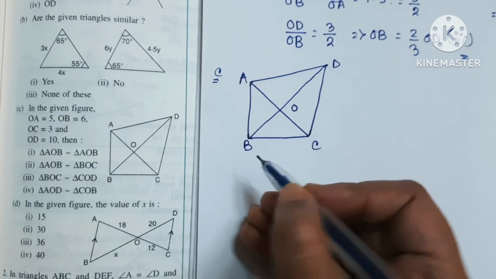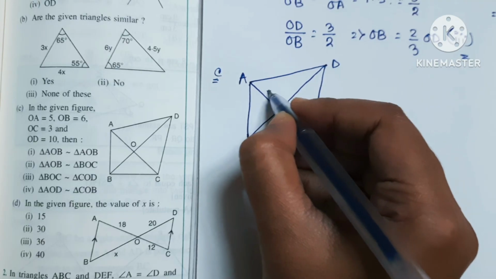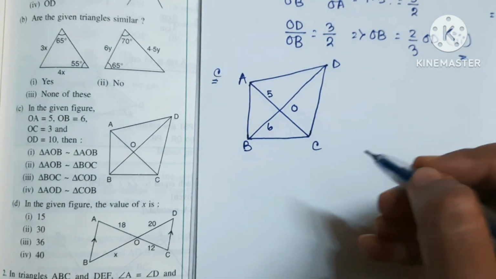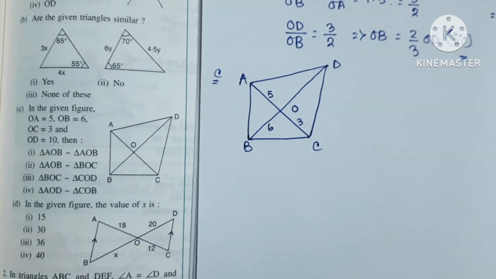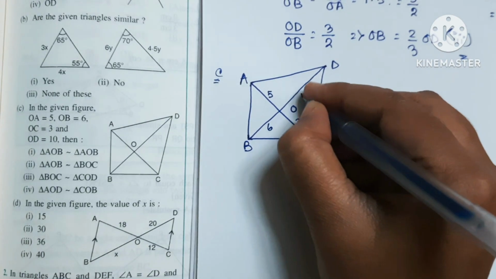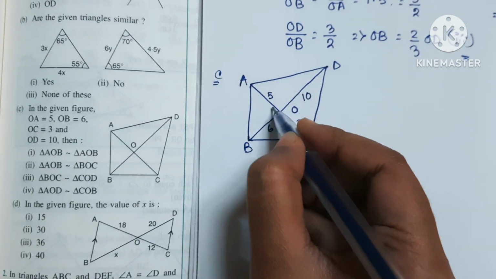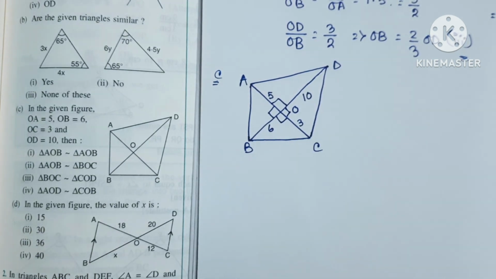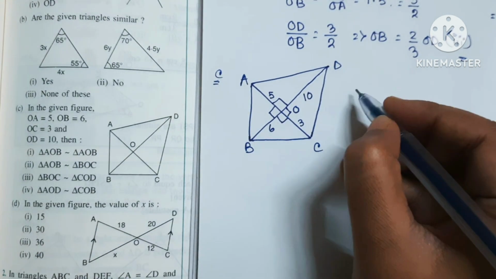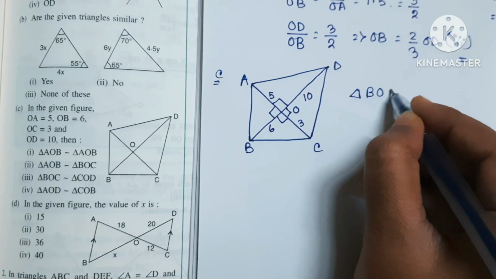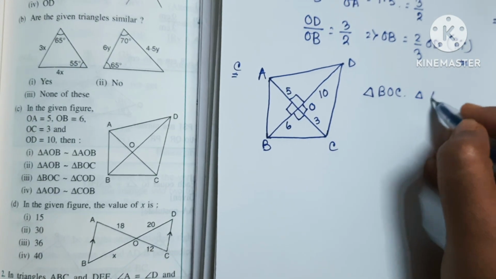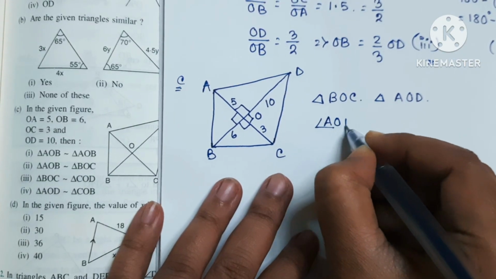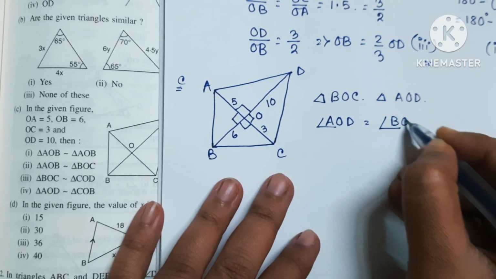See, question number C. OA is 5, OB is 6, OC is 3 and OD is 10. They are perpendicular to each other. So these four angles are 90 degrees. If you consider these two triangles, BOC and AOD, angle AOD is equal to angle BOC.